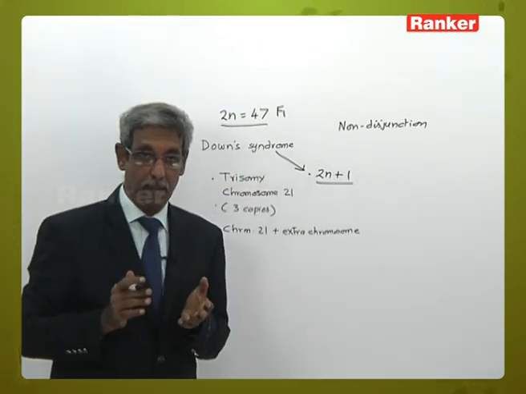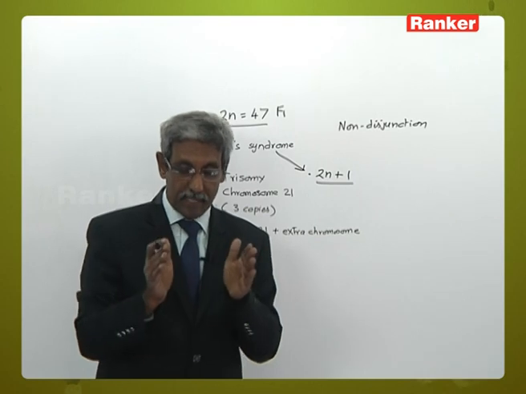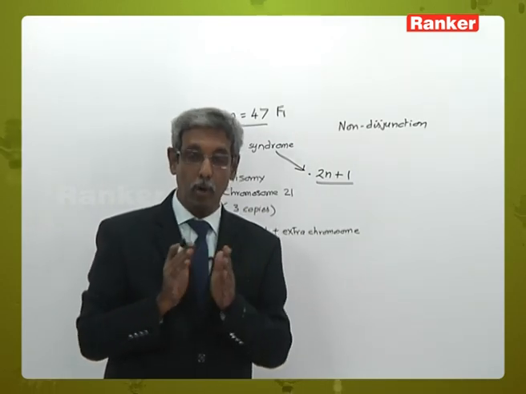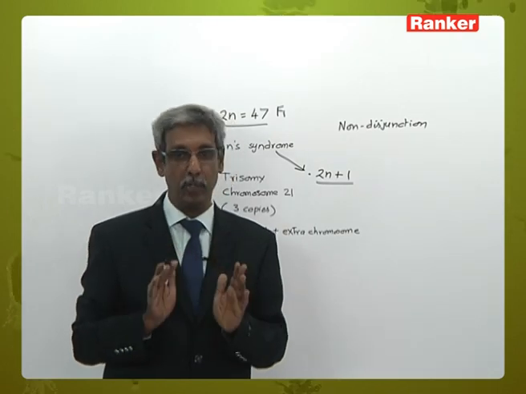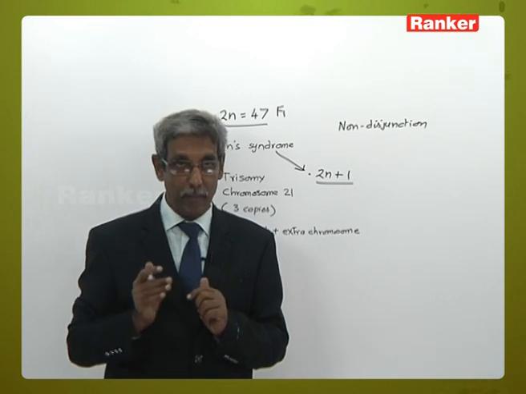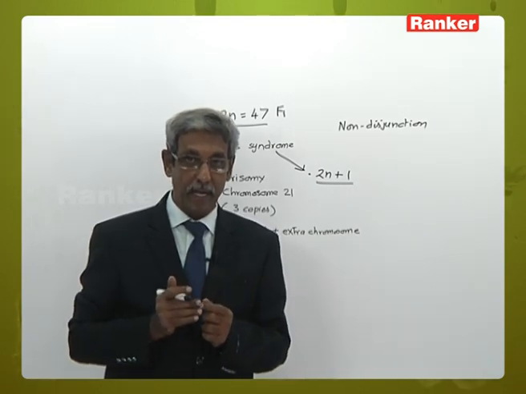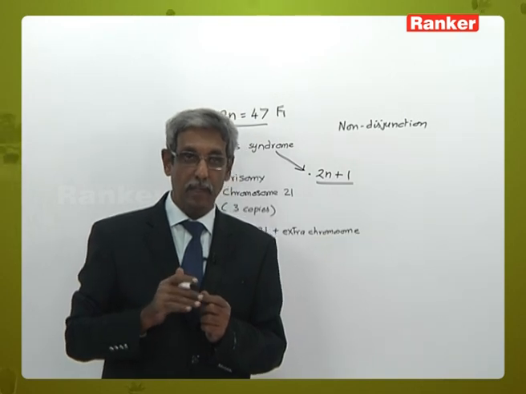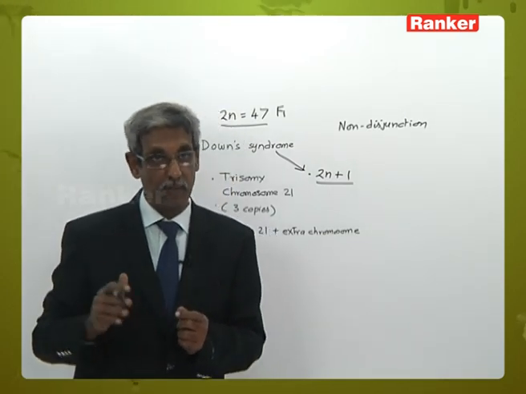Two of the chromosomes do not segregate clearly. There is non-disjunction of any of the 22 chromosomes during the formation of the egg and the sperm cell.